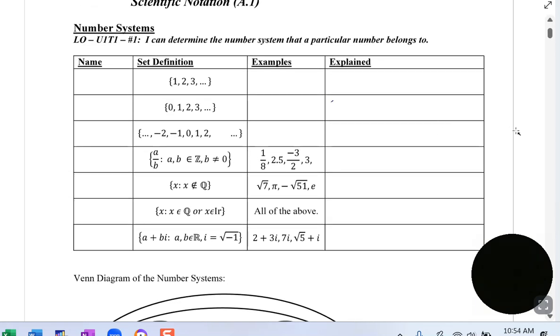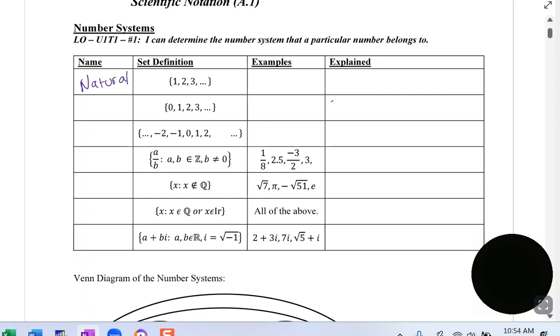So here's an example. This first one is an example of what we would call natural numbers.